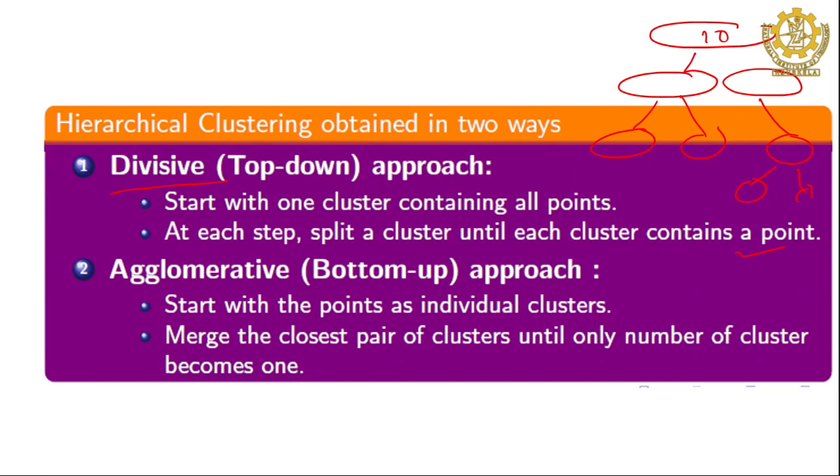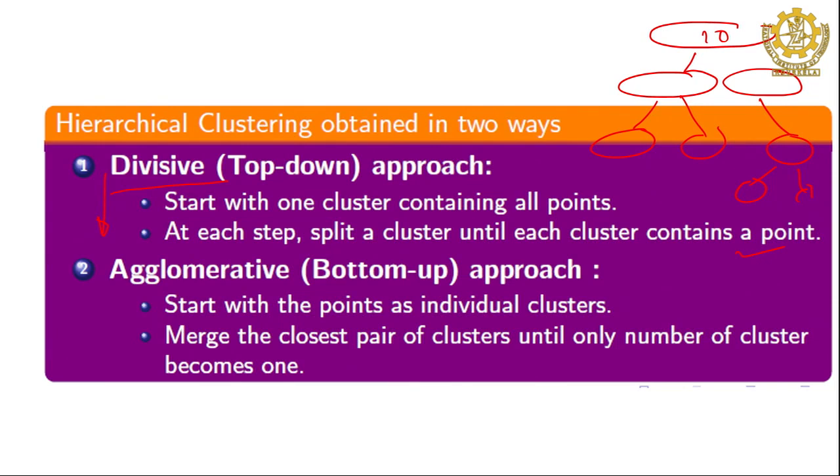So, this is called the divisive approach. We talked about a k-means variant, bisecting k-means, which is a typical example of the divisive approach. You start with a big cluster and then divide into 2, and then at the next level you divide it into 3 and so on.